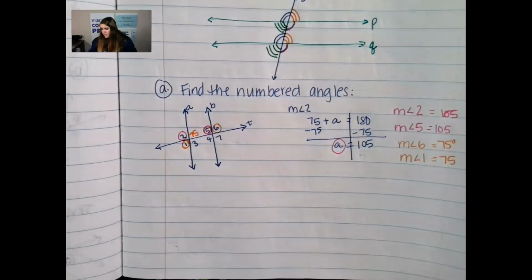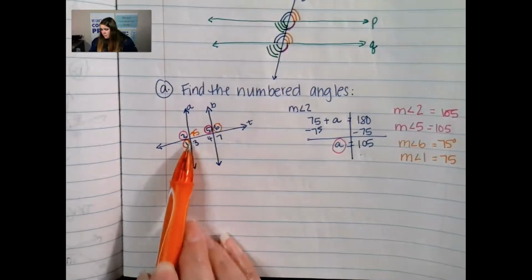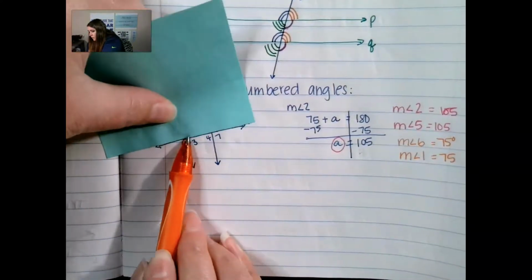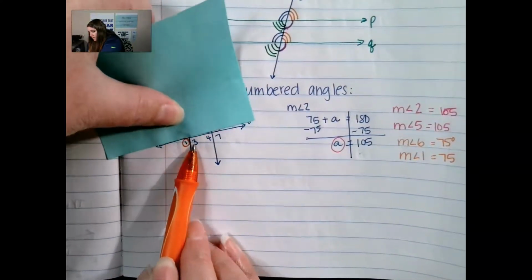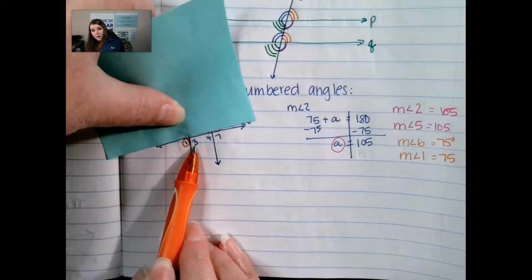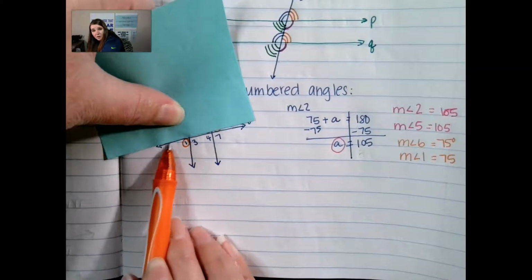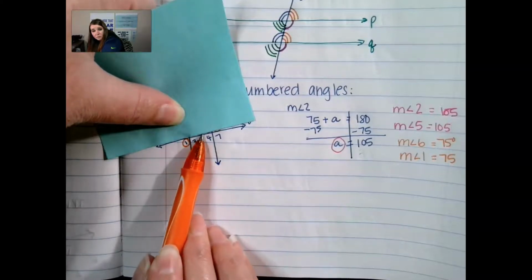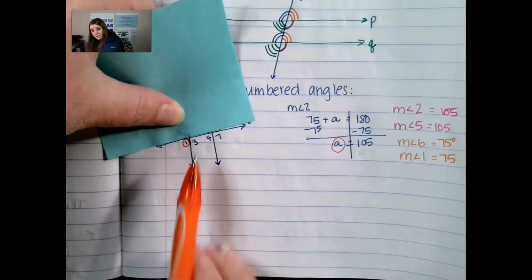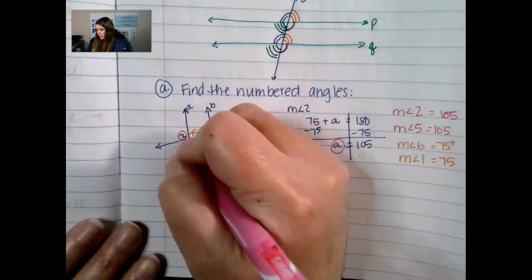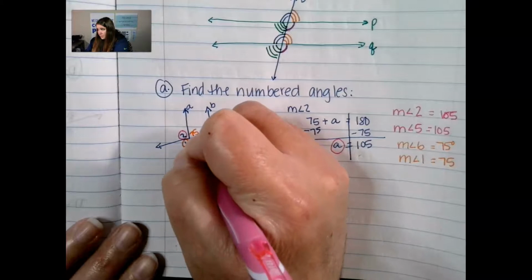So let's just look at this. If that one's 75, then to form a straight line, we know that 75 plus 105 gives us 180 for our supplementary angle. These are just like little mini supplementary angles put together. We also know vertical and vertical. These guys are the same.